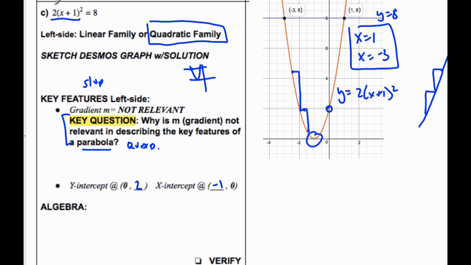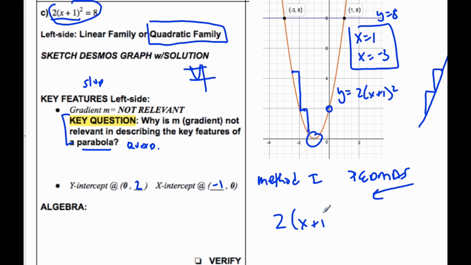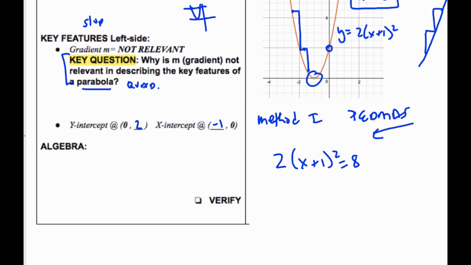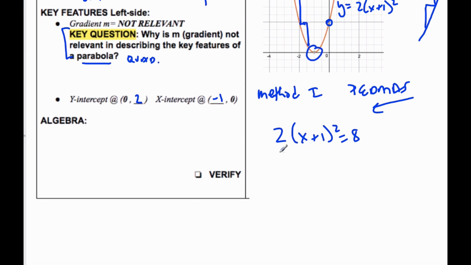Now, if I'm going to solve this particular problem algebraically, I'm going to do it 2 different methods. Method 1 is what we call PEMDAS backwards. If I take my equation 2x plus 1 squared equals 8, I'm going to undo all the orders of operation, which means I'm going to divide by 2 both sides.